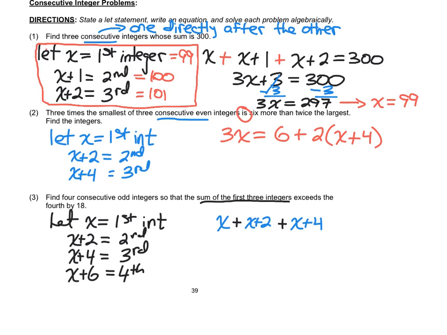Subtract, right? So it exceeds the 4th by 18, so couldn't we just do a quick minus 18? And that would equal the 4th value? The language is a little weird, but it's definitely manageable if you consider it.